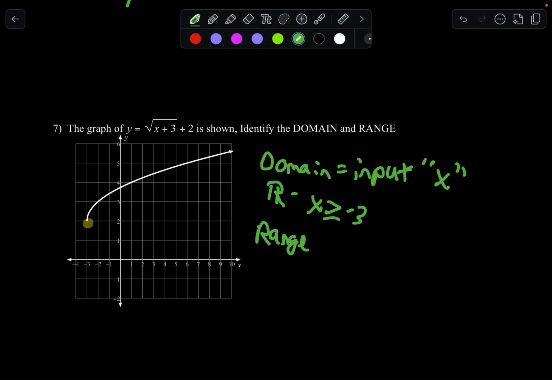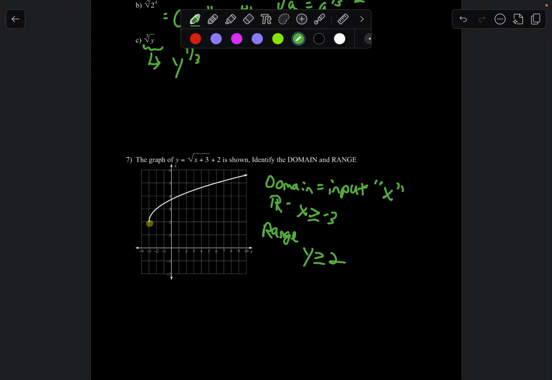And so if you're kind of cruising along the y-axis, you'll see that the graph begins here at 2 and then shows everywhere above 2. So the range would be all real numbers. Y is greater than or equal to 2. Oh my gosh, that's invisible ink. Y is greater than or equal to 2. And there you go. All right.